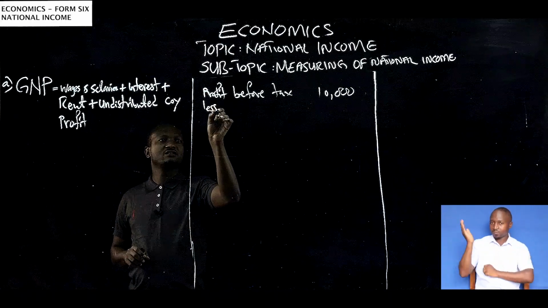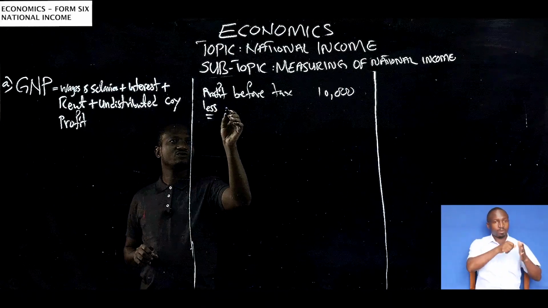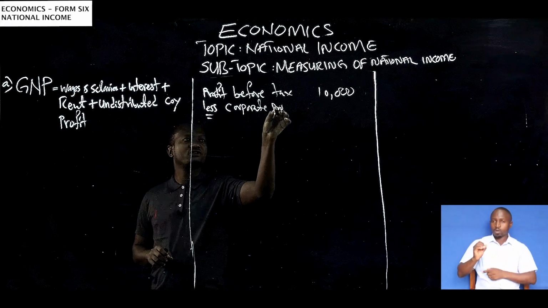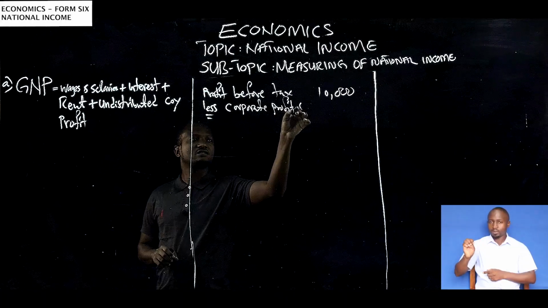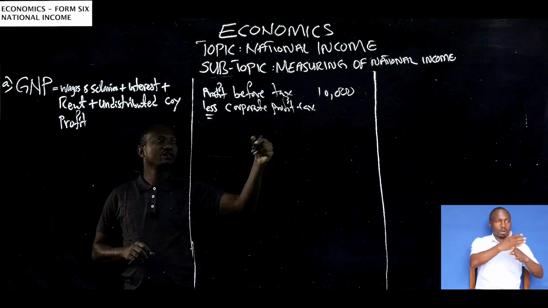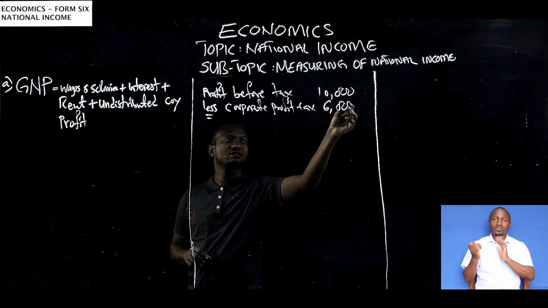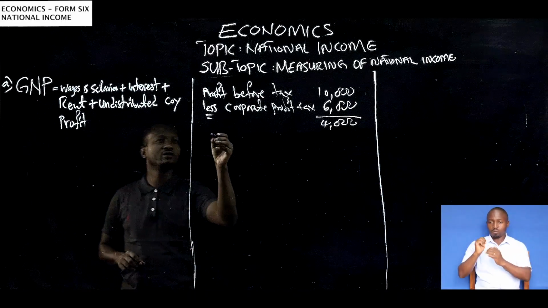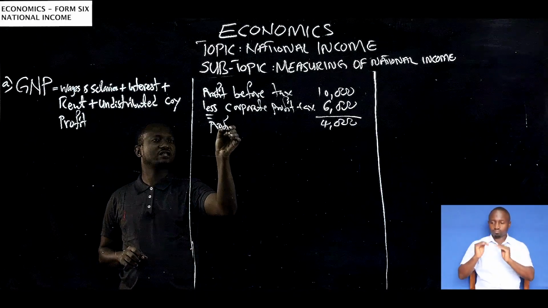Then we have corporate profit tax, levied by government on company profits. Let's say out of the 10,000 here, we get 4,000. This will be a profit after tax.